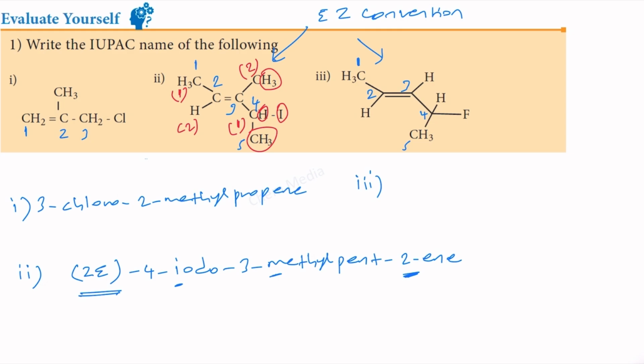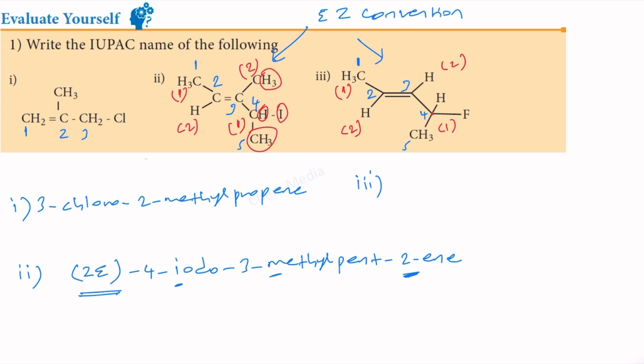That's our parent chain. And then assign the priorities as per the Cahn-Ingold-Prelog rules. On this side, carbon gets the higher priority. Atomic number is 6. Hydrogen gets the least priority. Atomic number is 1. On that side, obviously, hydrogen gets the least priority. And here we have a carbon. Therefore, that gets the top priority.